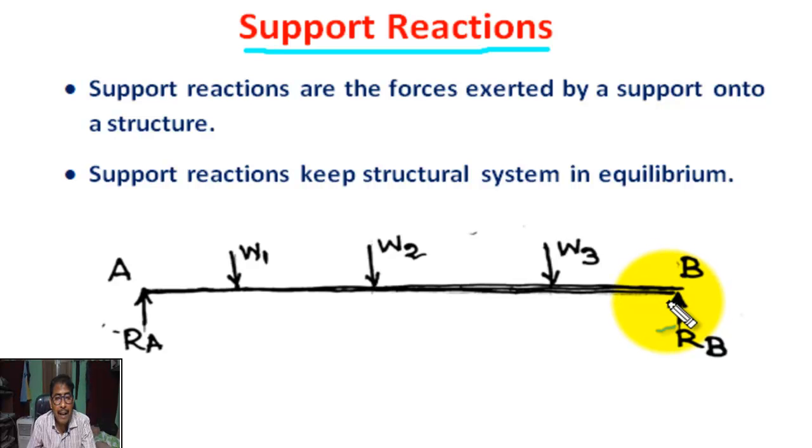As a result, there will be reaction forces, RA at A and RB at B, acting in the opposite direction according to Newton's third law. If the beam is loaded with vertically downward load, the support reactions RA and RB will be vertically upward to keep the beam in static equilibrium.